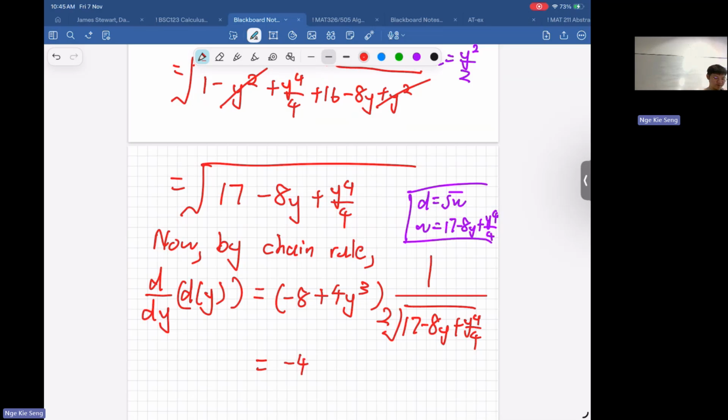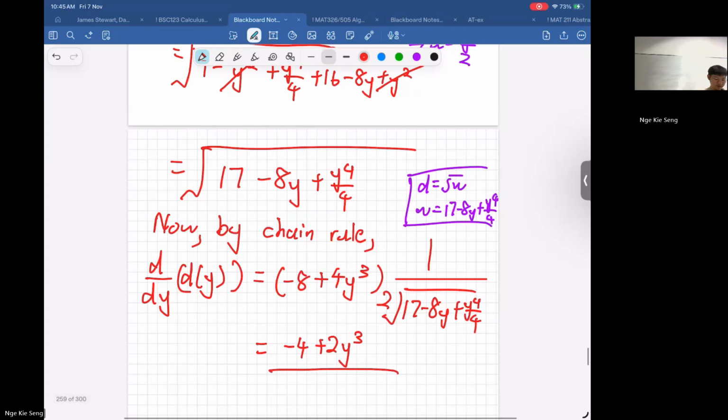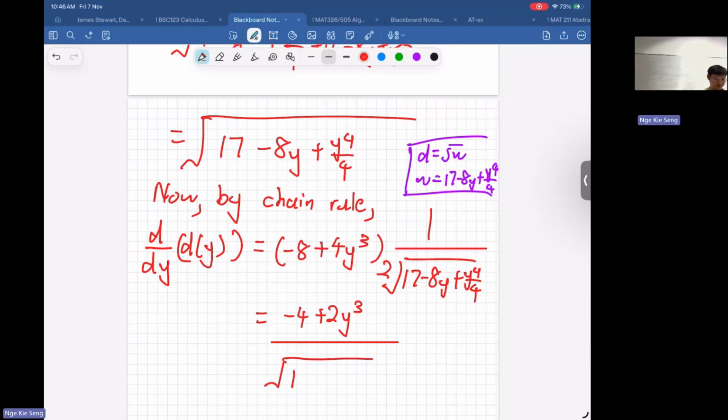I can simplify my factor here. 1 over 4? Oh, I forgot to cancel. Okay, thank you. So we cannot really divide out anymore, right? So let's keep it at the side. Okay, good.